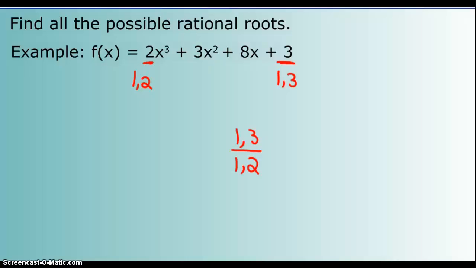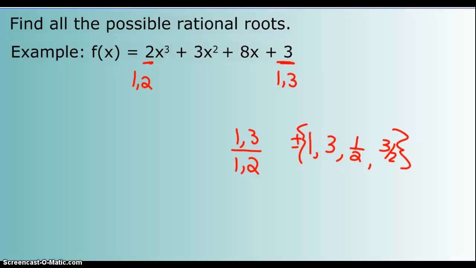And then you're going to just look, okay, 1 divided by 1 is 1, 3 divided by 1 is 3, then 1 divided by 2 is 1/2, and 3 divided by 2 is 3 over 2. And the last thing we have to be aware of is that possible factors could be plus or minus, so you want to put a plus or minus in front of the whole set, okay?